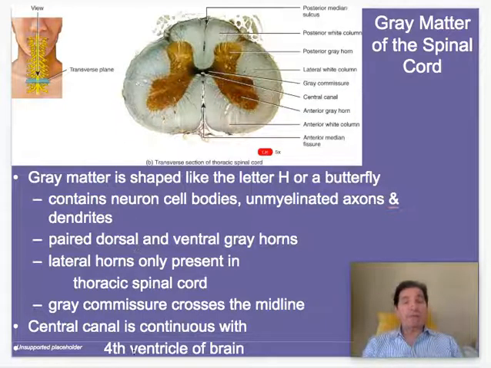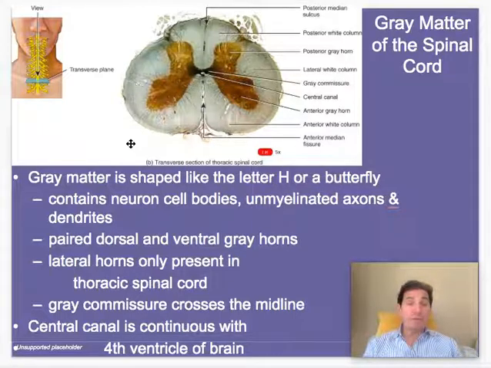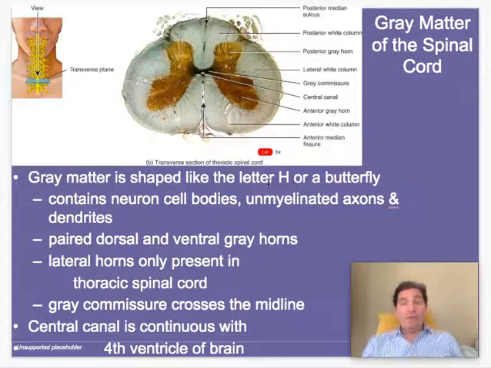We also have other structures, like in the very center, we have the central canal, which, as you remember, extends from the fourth ventricle of the brain, which is where the cerebrospinal fluid flows through. You'll also see that it has dorsal and ventral horns, which are basically these things.